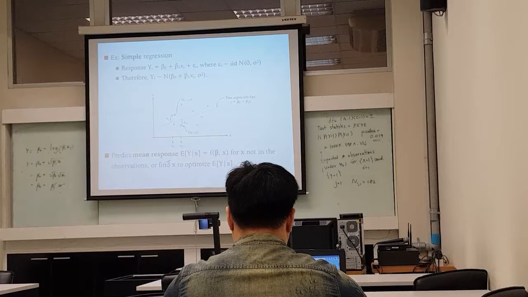So when you use linear regression to do prediction, you predict the mean response, not the response itself. This is a point that you have to remember. You predict the mean of y, not the actual y.